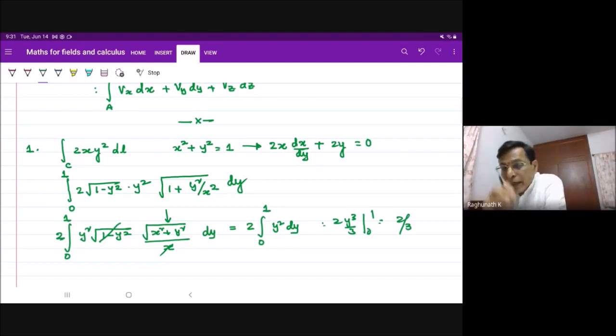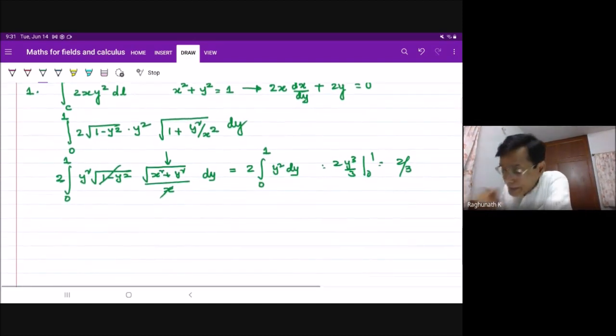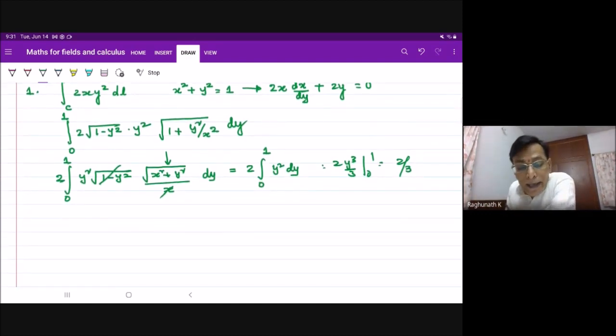See the good thing now. I can evaluate this taking the problem into circular coordinates also.